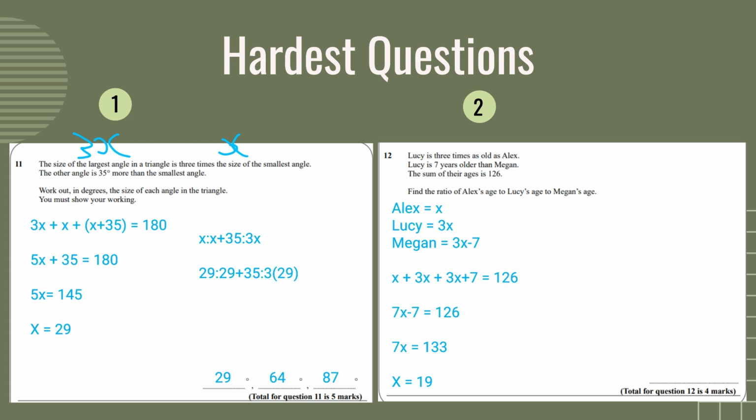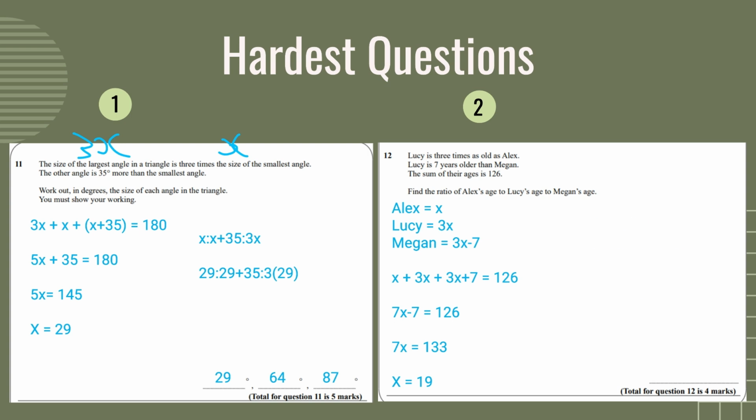We then write the equation x + 3x + 3x - 7 equals 126. Simplifying down to 7x - 7 equals 126. Plus 7 to both sides to get 7x equals 133 to get x equals 19.